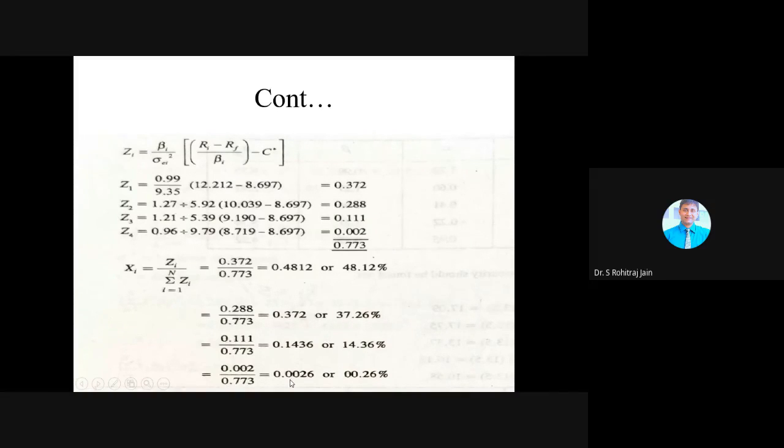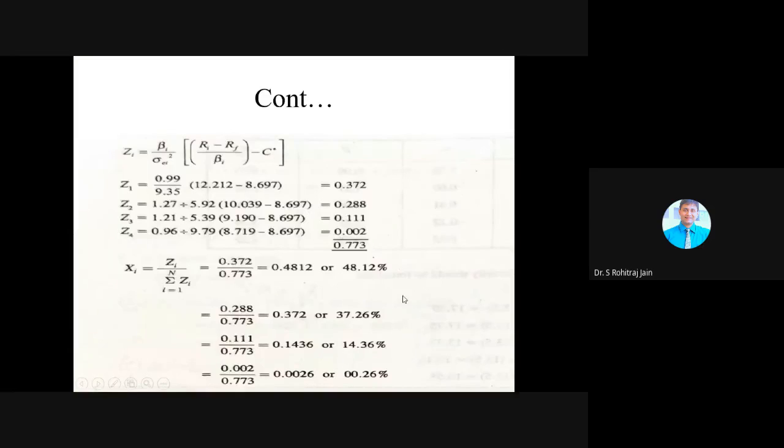Now, students, how to verify that your answer is correct? If you add all this, it should be 100%. For example, 48.12 plus 37.26 plus 14.36 plus 0.26 will be exactly equal to 100%.